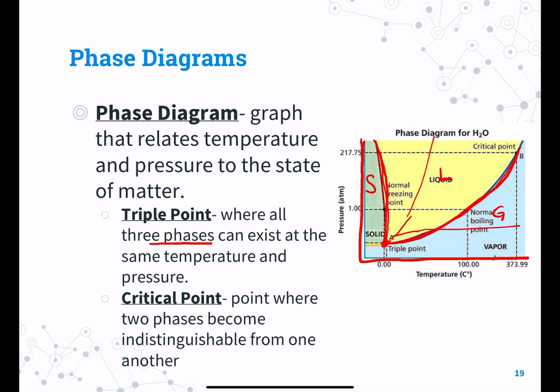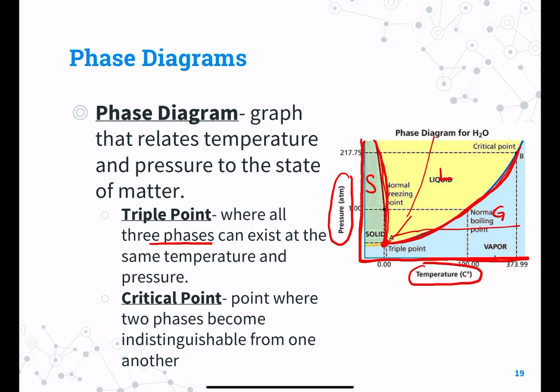On our axes for the phase diagram, on the x-axis you have temperature, which is usually in Celsius, and on the y-axis you have pressure, which may be in atm or something else. But the triple point is the temperature and pressure where you can actually have a solid, a liquid, and a gas. Okay? They can coexist at the same time, or tri-exist. I don't know how you would say that.